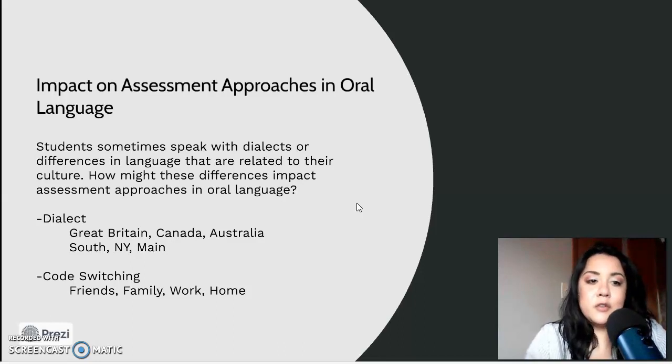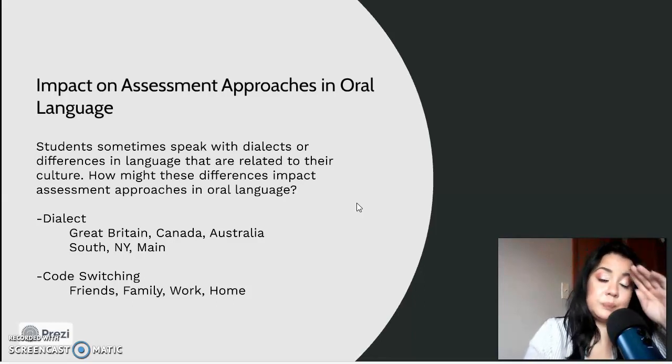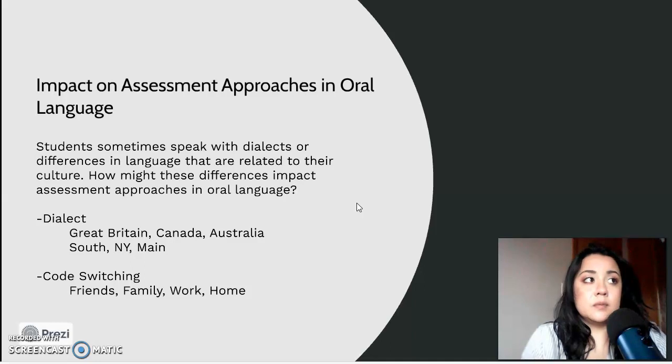So, furthermore, impacts on assessment approaches in oral language. How do these dialects of different cultures or languages affect our approaches and assessment in oral language? We had learned that our English language standards are a lot different.